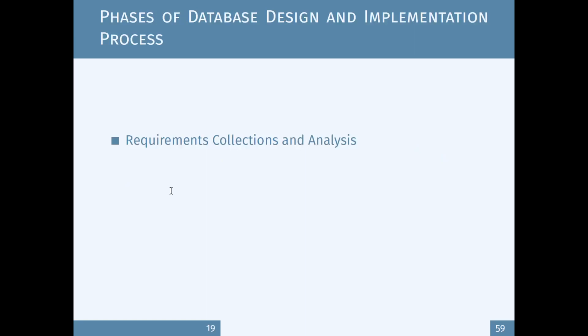And then the second one is there are different phases, like in software development, which I hope you will learn. You have some phases similar to that. If you look at database design, you have different phases. The first one is known as requirement collection and analysis.